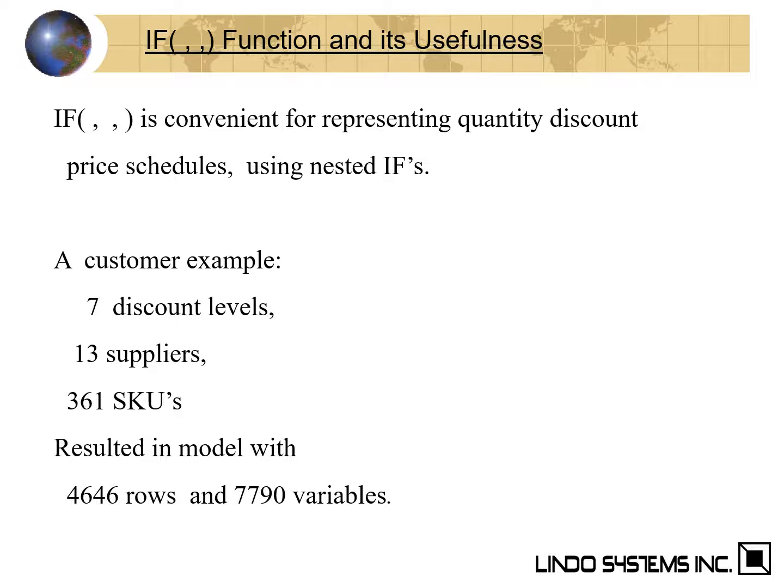For this particular example, each of 13 suppliers was allowed to have 7 discount levels, and the customer was interested in finding the cheapest way of buying 361 different stock keeping units. And this resulted in an optimization model with 4,646 rows and 7,790 variables. And it was kind of messy.